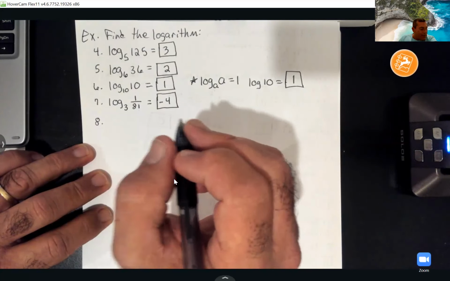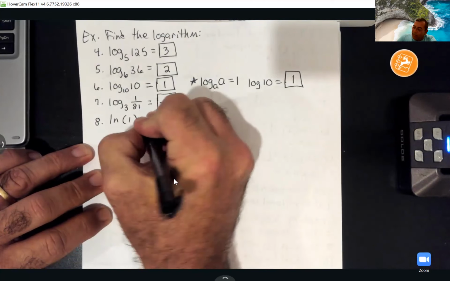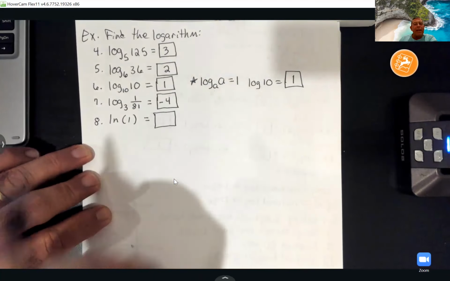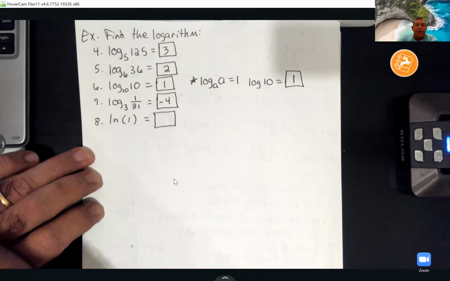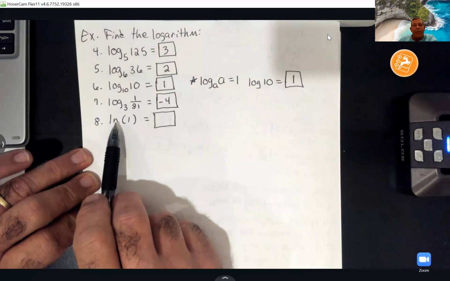Let's see. How about the ln of 1? Now you got an ln button right on the front of your calculator, right by the 4, I think it is. But y'all, what did we say a while ago?